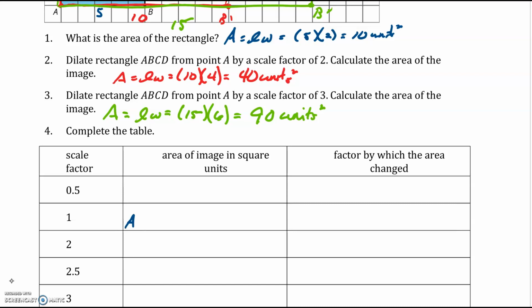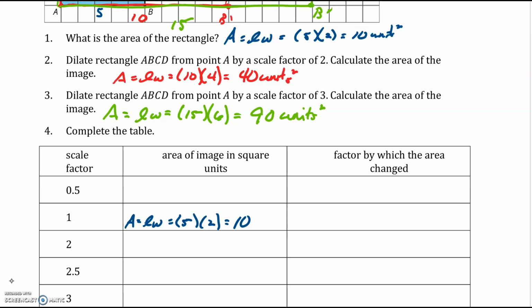So the scale factor of 1, the area is going to be the length times the width, and that's going to be 5 times 2, and that is 10 square units. We won't write any units of measure right now, but it's 10 square units.